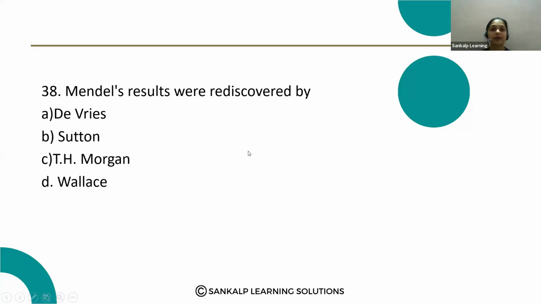That flower produces incomplete dominance where complete dominance is not possible. Mendel's results were rediscovered by the scientist Hugo de Vries. He is the main scientist who rediscovered Mendel's laws.